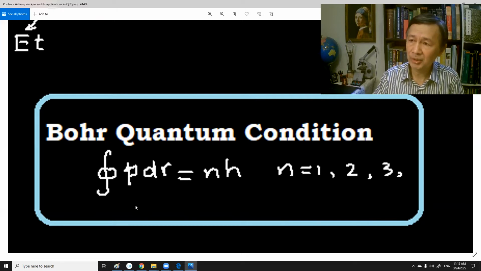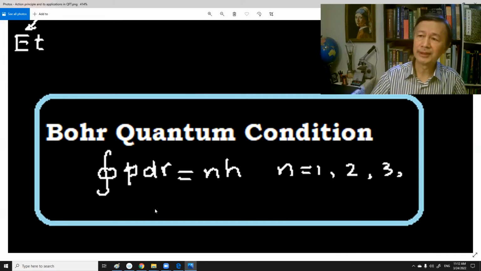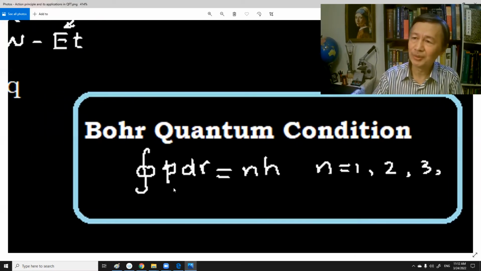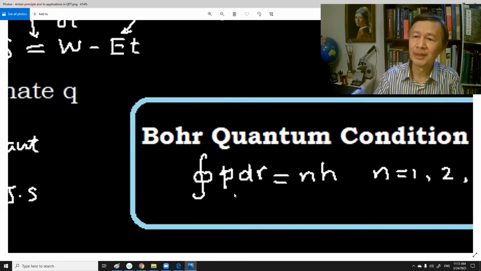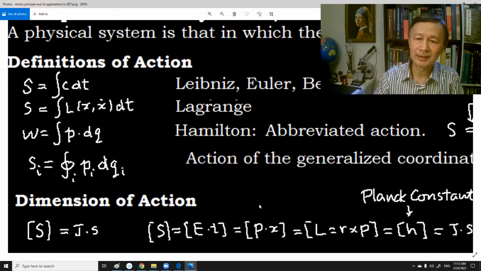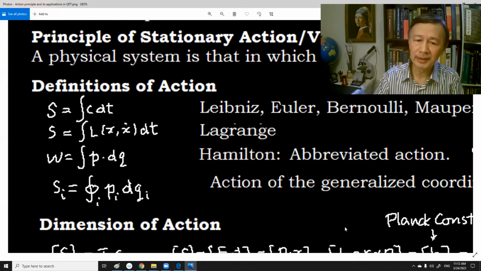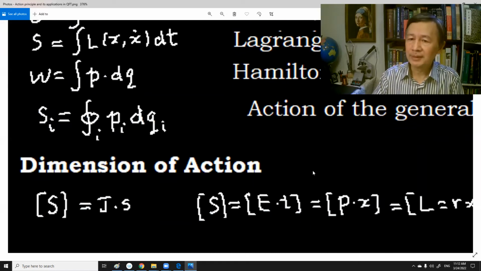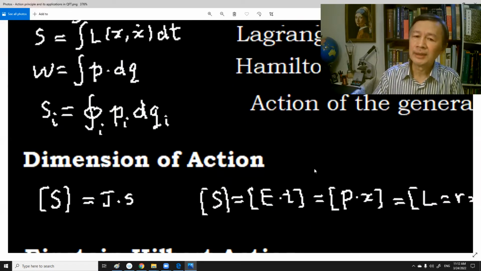Although people interpret that integral in relation to the angular momentum, from this reference you can see the integral is actually exactly the same as this so-called action of the generalized coordinate. And this is not surprising. Actually, the action can be written in different forms.